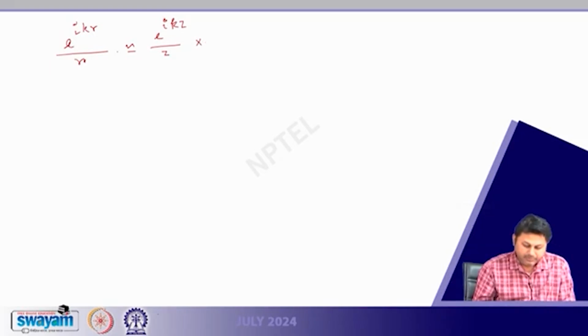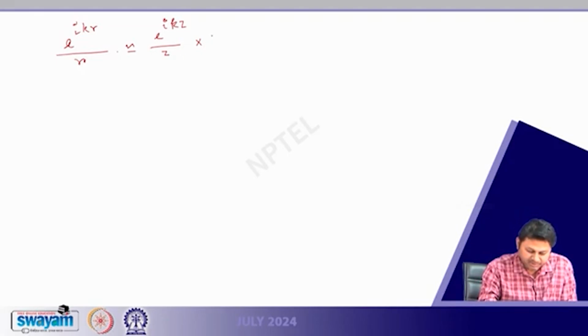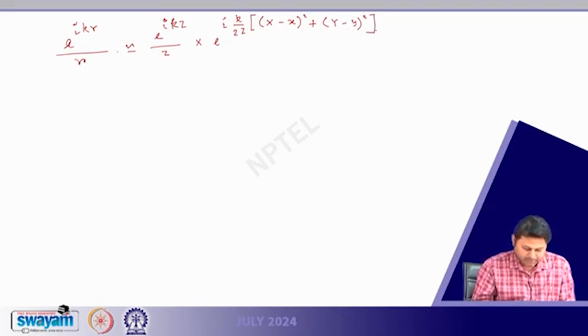So the 1 by r term I simply replace by z with that condition, but the rest of the term I keep in exponential.